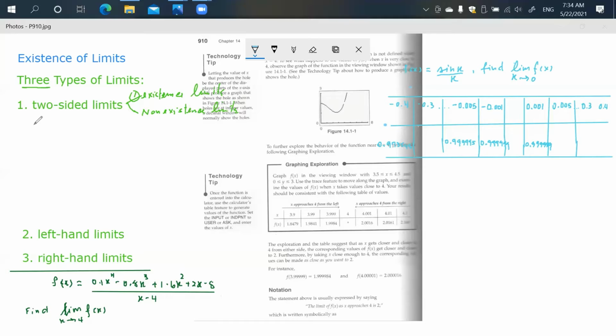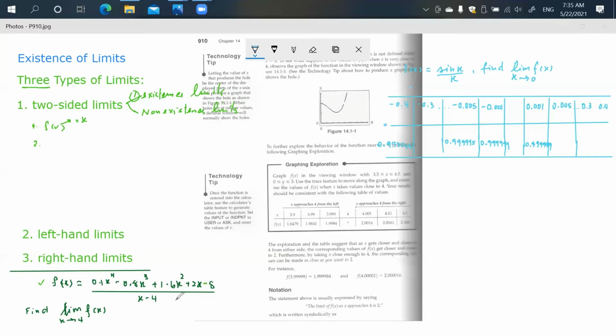So first of all, replace f of x, and then replace x with whatever the limit applies to. For example, come back to the last example: f of x equal to 0.1 x power 4 minus 0.8 x power 3 plus 1.6 x power 2 plus 2x minus 8 over x minus 4.